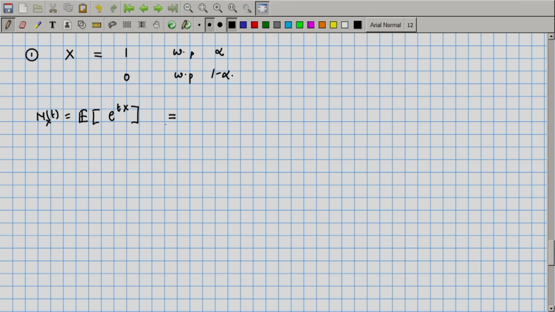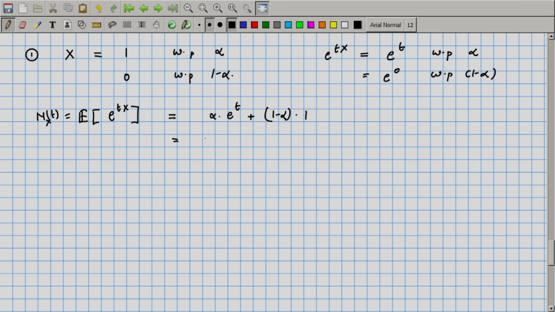So, e raised to tX can take two values. It is equal to e raised to t with probability alpha, when X is equal to 1, and it is equal to e raised to 0, which is 1, with probability 1 minus alpha, when X is equal to 0. So, the expectation of e raised to tX is alpha times e raised to t plus 1 minus alpha times 1.